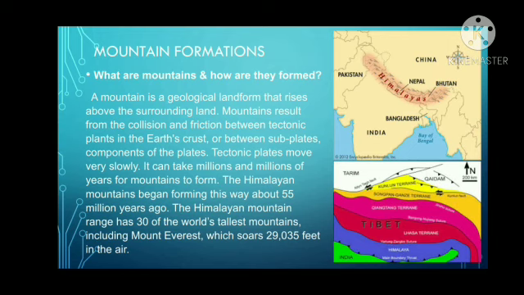So the Himalayan mountain range and the Tibetan plateau have formed as a result of the collision between the Indian plate and the Eurasian plate, which began 50 million years ago and continues today. 225 million years ago, India was a large island situated off the Australian coast and separated from Asia by the Tethys Ocean.